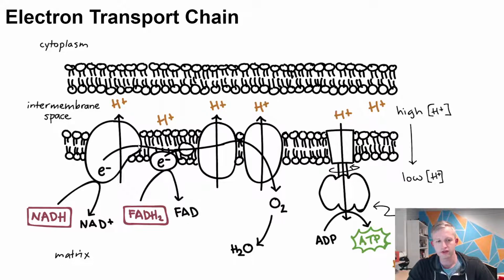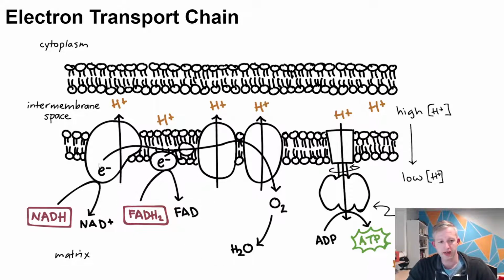Just like with photosynthesis, this movement of hydrogens out is establishing a very significant gradient of hydrogen ions, where we have a ton of them here in the intermembranous space, which are then going to want to cross the membrane back into the matrix.